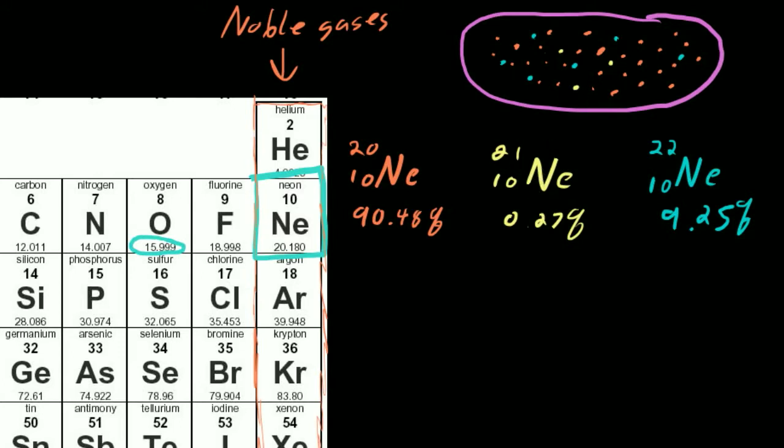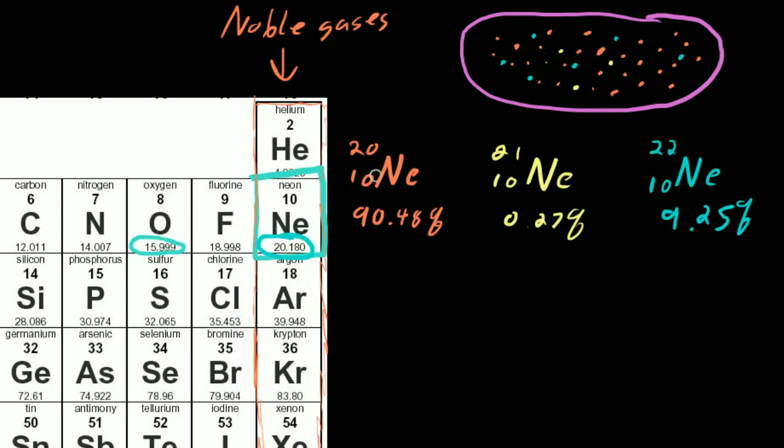So now what we're going to figure out, and we've even got it right in front of us, is our weighted average for the average atomic mass of our neon atoms. Let's just figure out this number first.